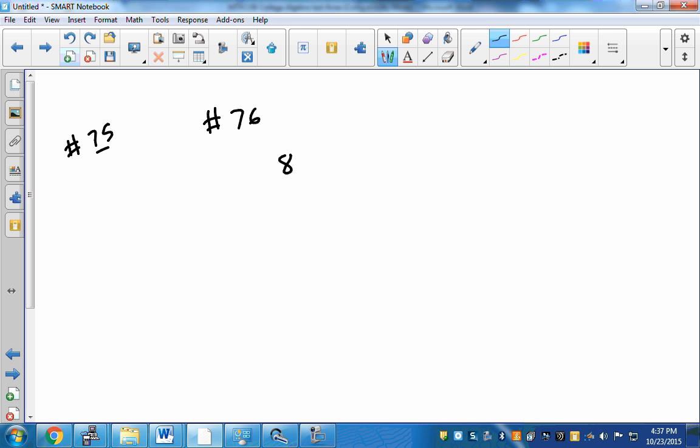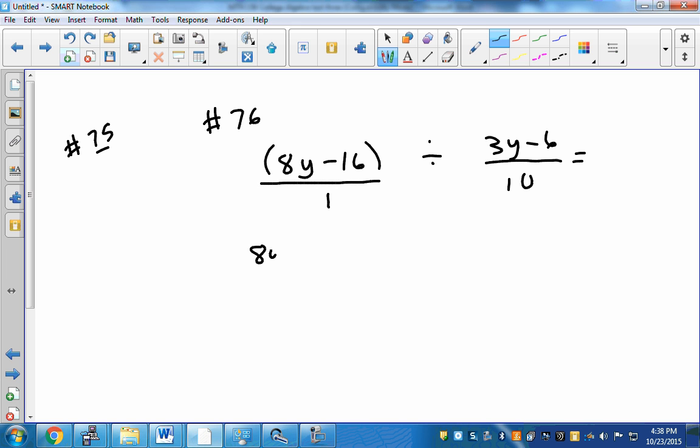So we have 8y minus 16, in parentheses, divided by 3y minus 6 over 10. And the directions say divide. Okay, so whenever you see this, you can assume this is over 1. So we have 8y minus 16 over 1 divided by 3y minus 6 over 10.